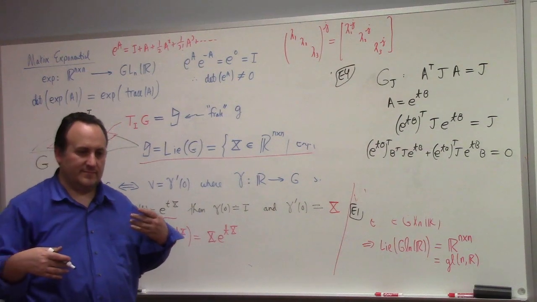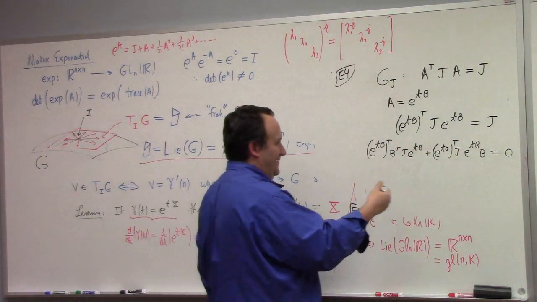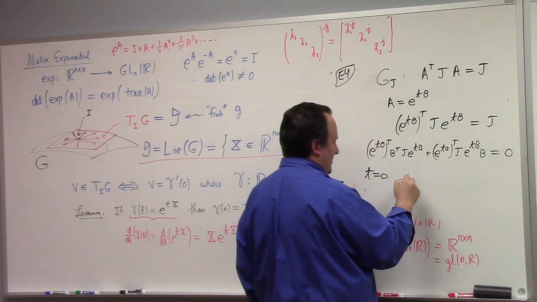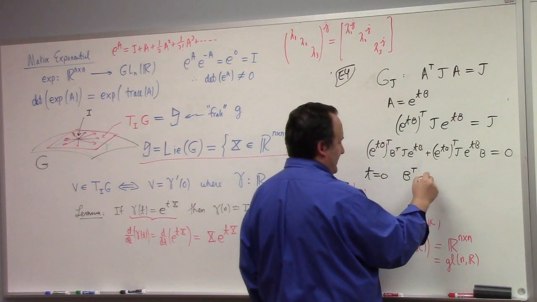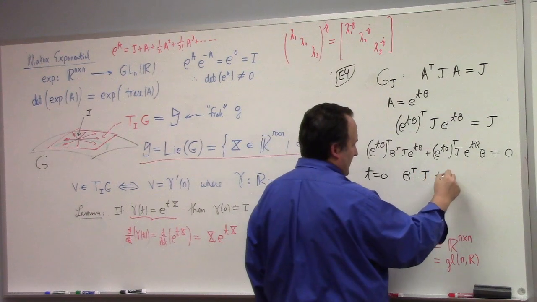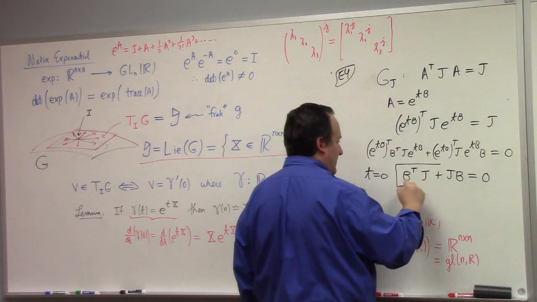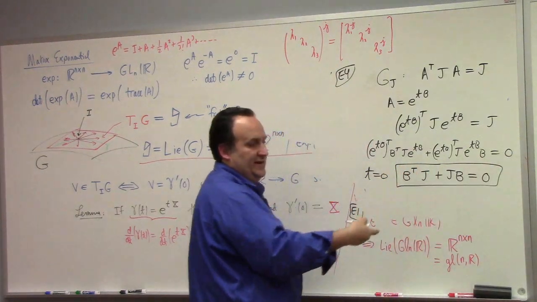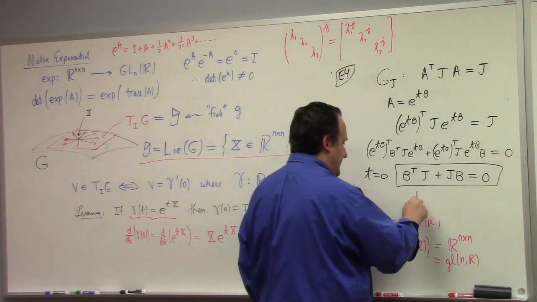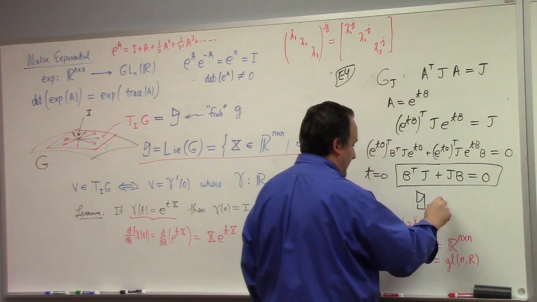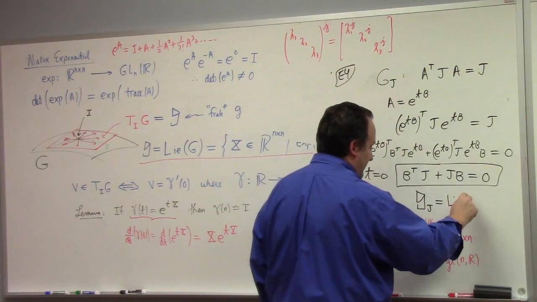It's the same trick that we did before. B transpose J plus JB equal to 0. And so there you go. That becomes the defining condition for the Lie algebra. Let's call it frak J, G frak. So that would be like Lie of this guy.